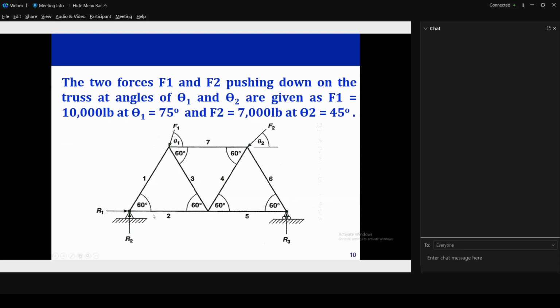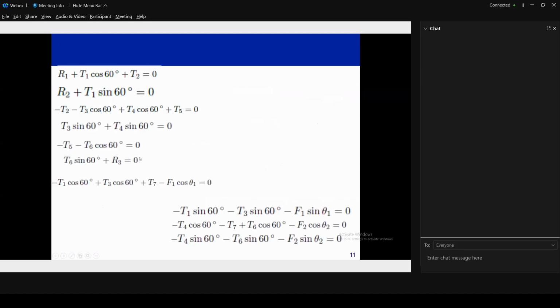Some forces from here, some forces from here, and then you need to resolve this at nodal points and get these equations. We get around 10 equations if you model the stress problems, and we have unknowns like R1, R2, R3, and then T1 to T7. So we have 10 unknowns, 10 equations.